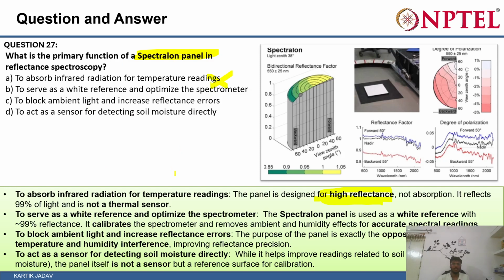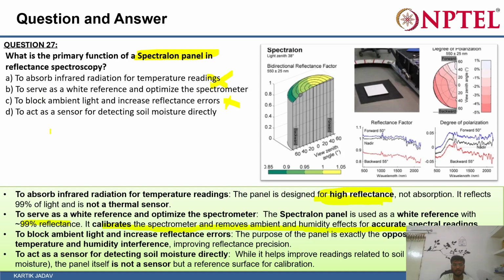So again, the spectral panel is used as a white reflectance panel with 99% reflectance. It calibrates the spectrometer and removes ambient and humidity effects for accurate spectral readings. That is correct. And it blocks ambient light. So the purpose of the panel is exactly the opposite, to reduce the ambient temperature and humidity difference. Okay. It is not increasing reflectance errors.